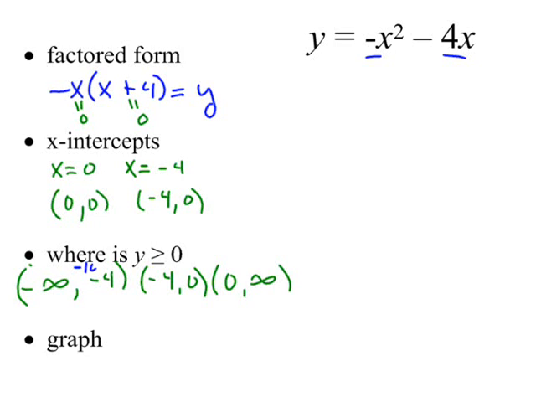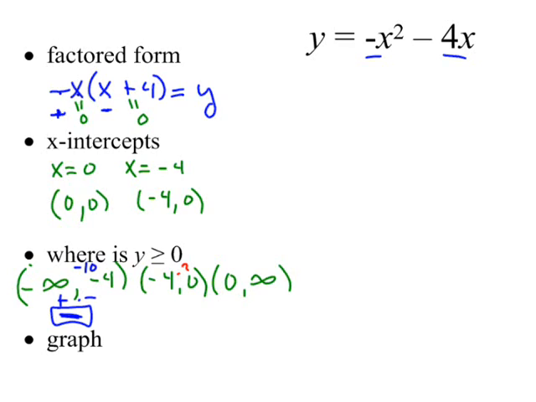So if I do -10, I have -10, so that ends up being a positive. -10 plus 4 will end up being a negative. And so if you have a positive times a negative, you end up with a negative. All right. Pick a number between -4 and 0, say -2.